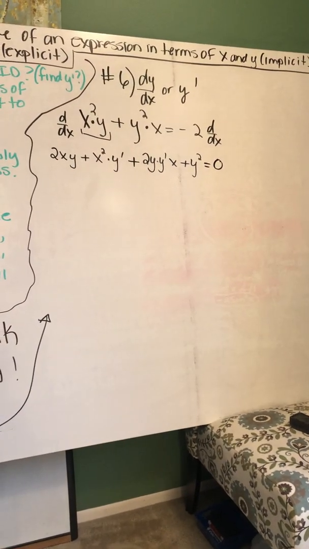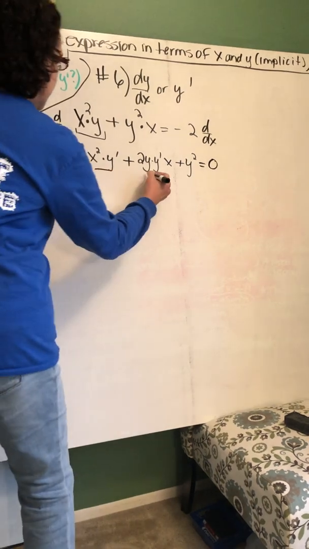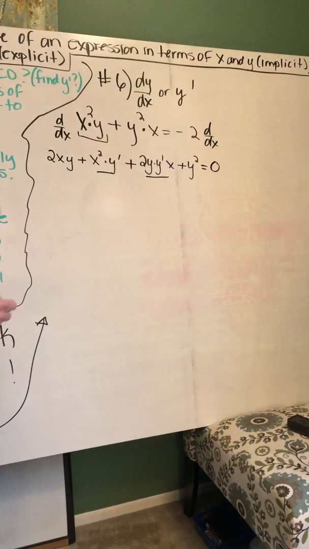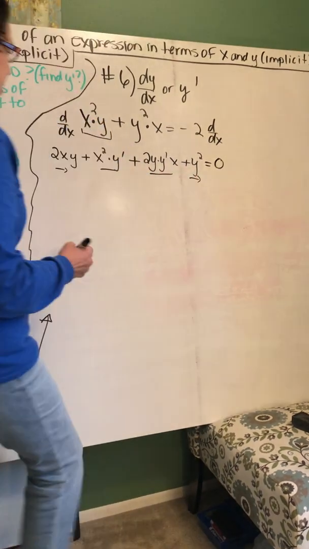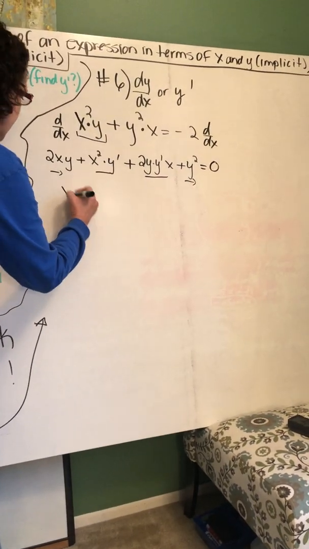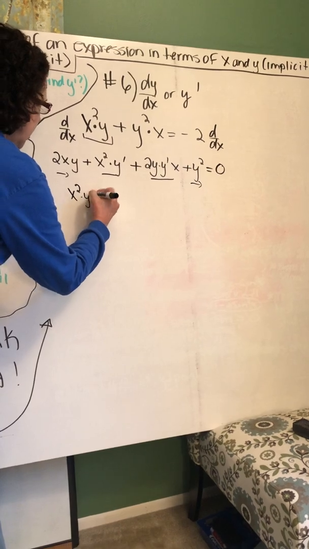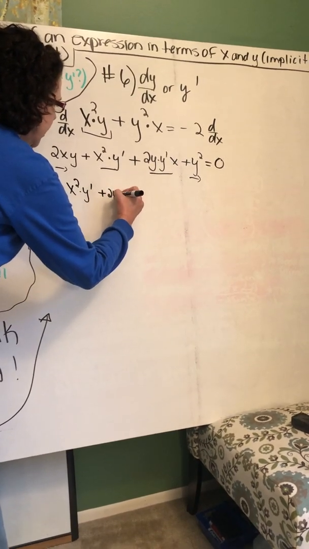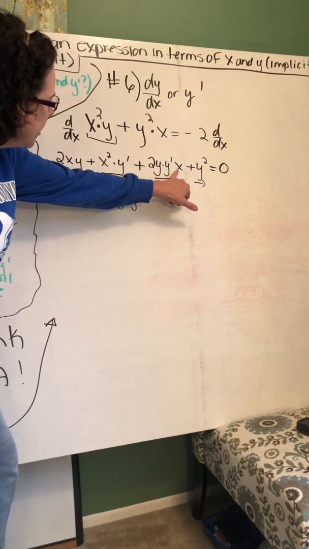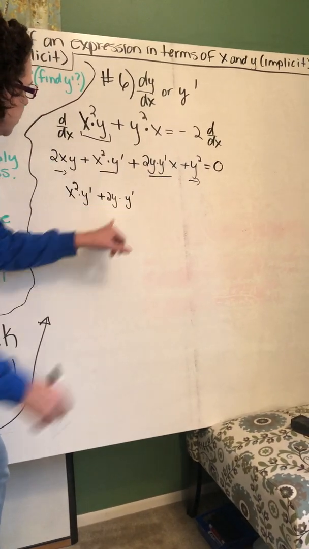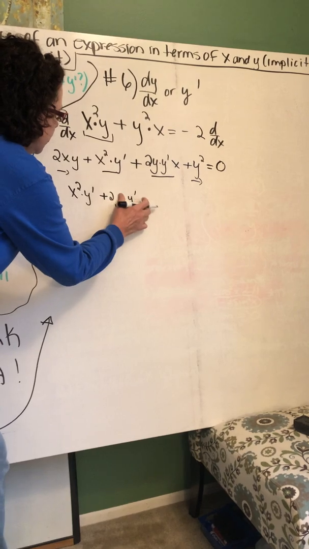The next thing I do, I'm going to keep my terms with y prime on the left and get my terms without y prime to the right. So here we go. Keeping x squared times y prime and 2y times y prime. See this x right here? I'm going to move it in alphabetical order.